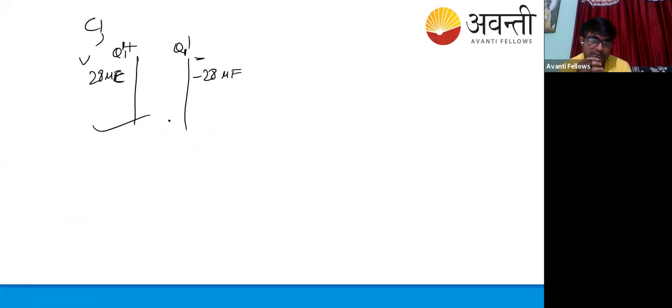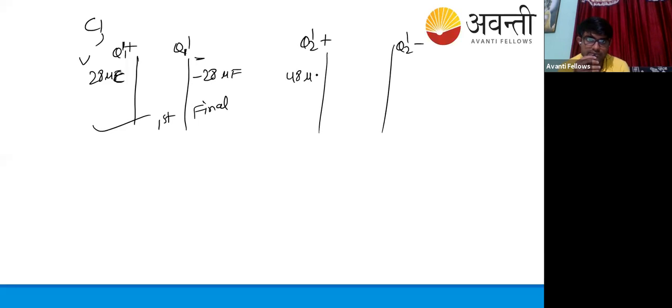Okay, this is for the first capacitor, final condition. And for the second capacitor, it will be Q2 dash positive, Q2 dash negative, equal to 42 microcoulomb positive, and minus 42 microcoulomb negative.